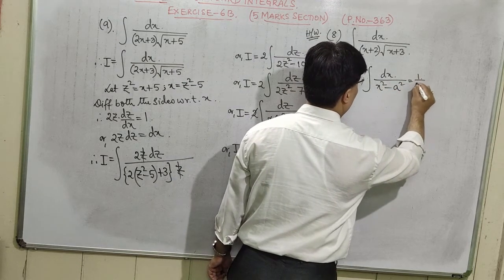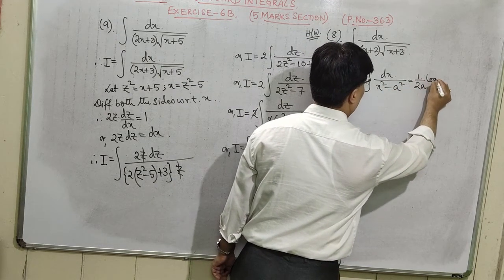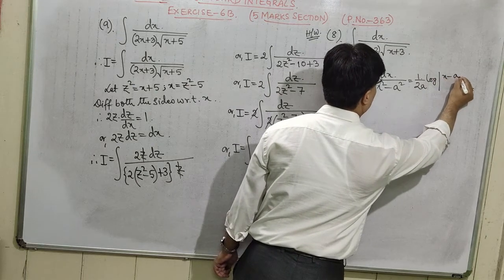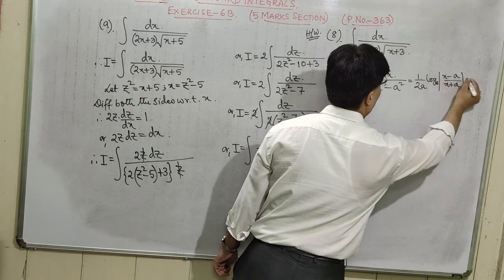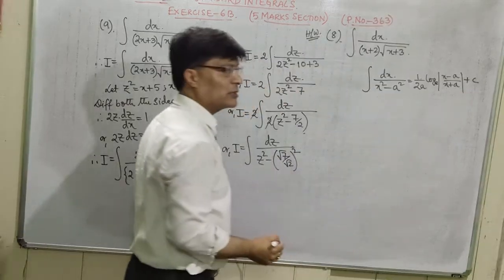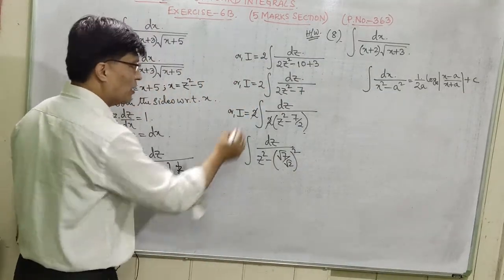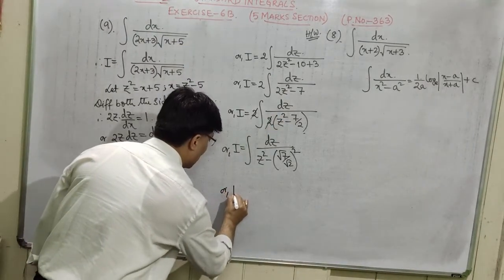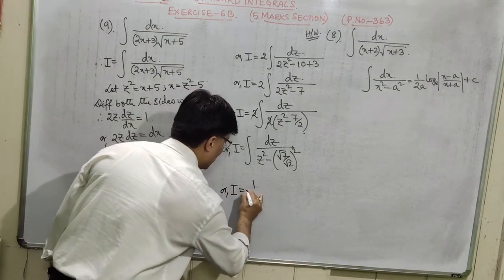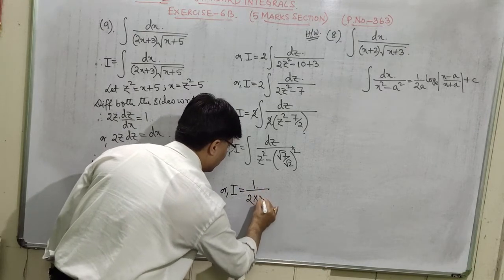Which is equal to 1 by 2a log within mod x minus a upon x plus a, mod sign closed, the base is e, then plus c. So here x is z and a is root 7 by root 2, right? So I is equal to, what is the formula? 1 by 2 into what is a?